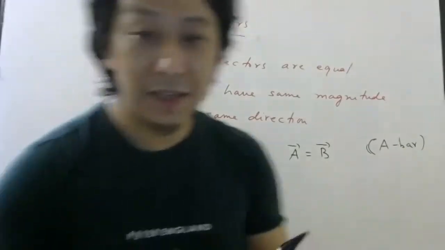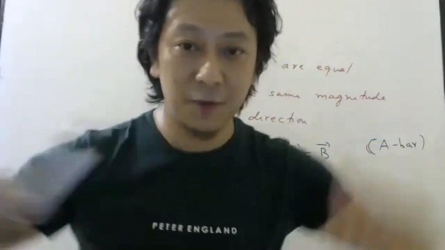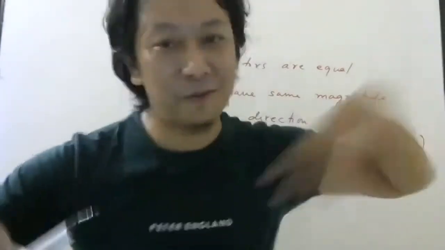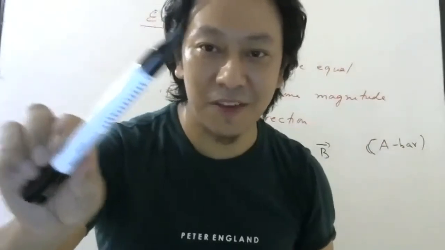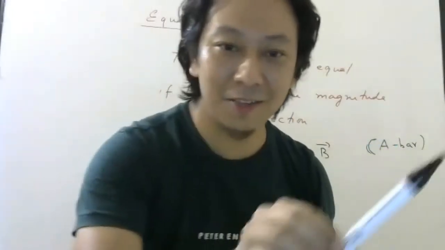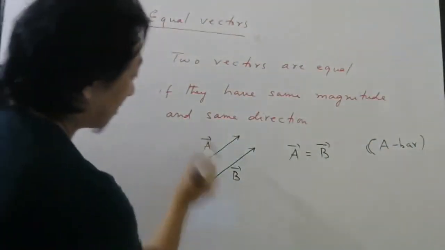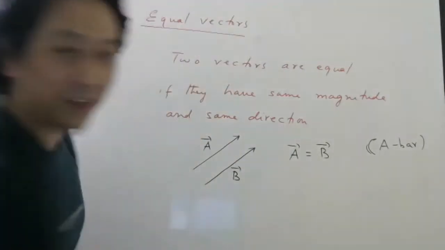So keep in mind, if a vector is like this, you can translate it this way. If it was a classroom, usually in classroom I go everywhere, but here I cannot go everywhere. So if this is a vector, you can move the vector like this, and it will be same vector. Okay, so keep that in mind. Very important property. So this vector is same as this vector. Equal to means that only, right?